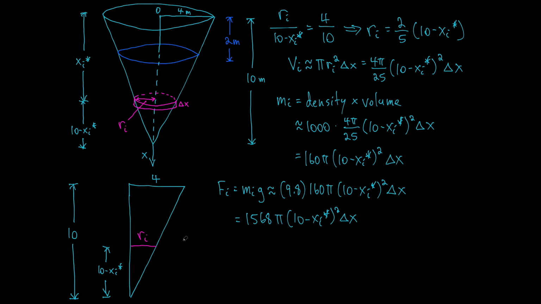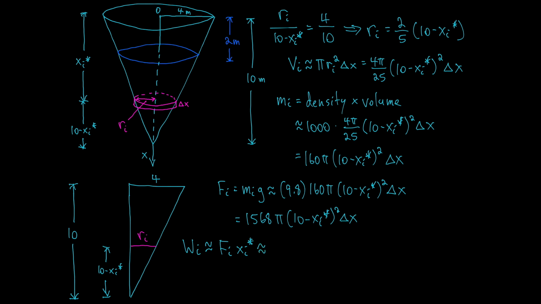We can figure out the work now by taking force and multiplying it by distance. So the force Fi times the distance, well, the distance from the top to the disk is just xi star. That's how far along we travel along our x-axis that we put in the middle. So this will be Fi times distance xi star.